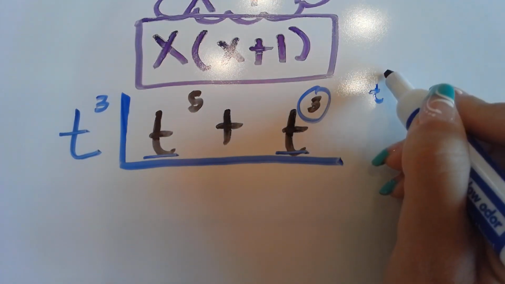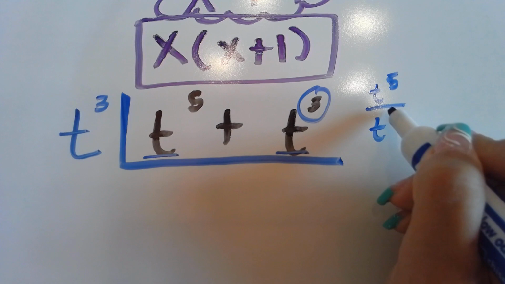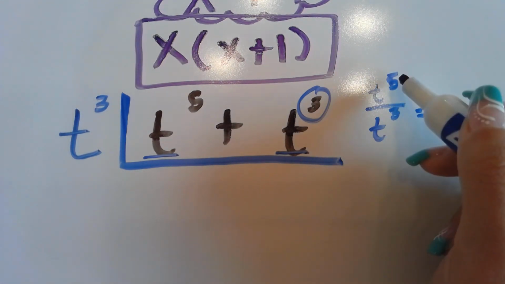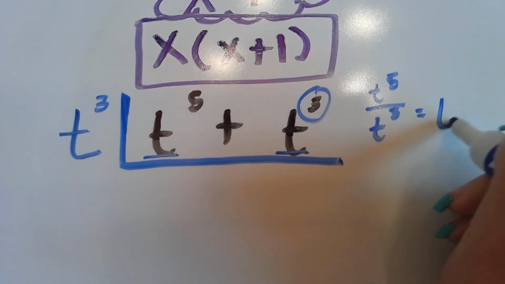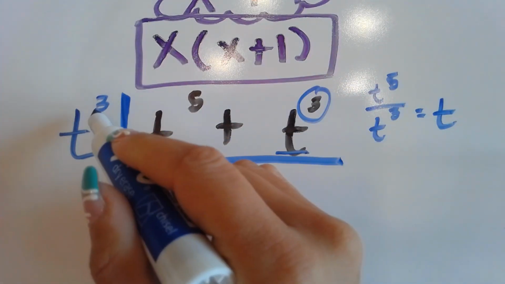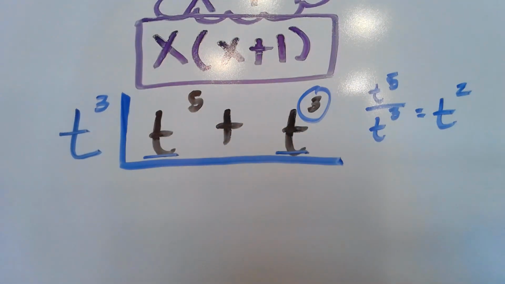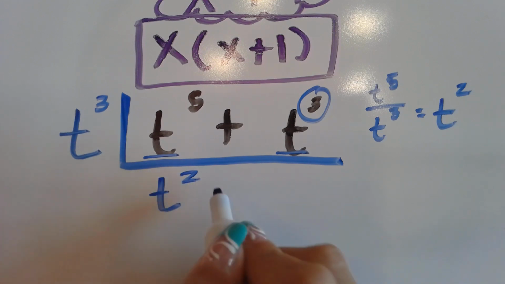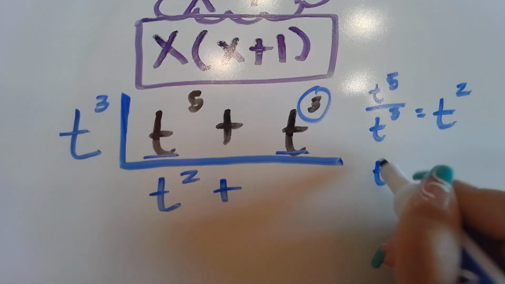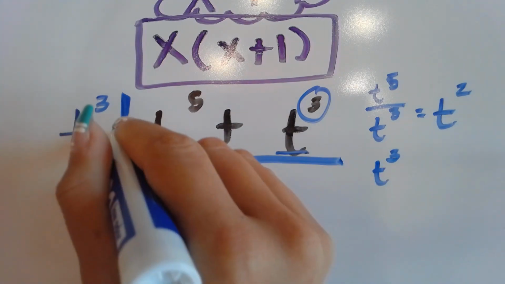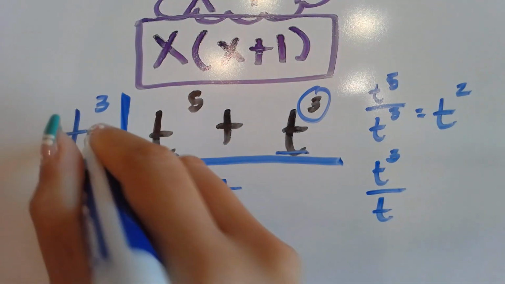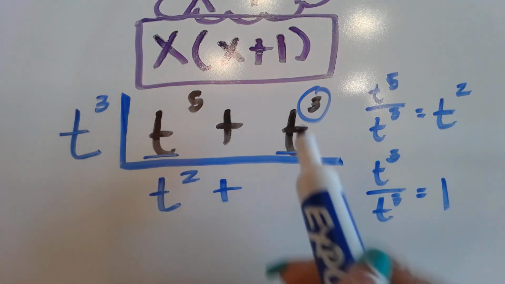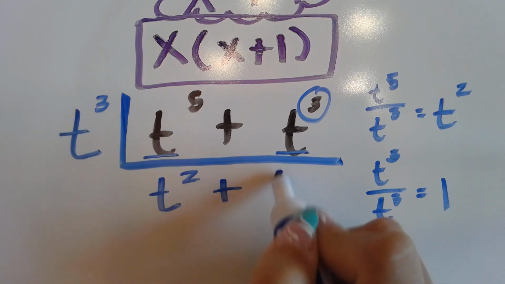T to the 5th divided by t to the 3rd equals, and we know if we're dividing, we're subtracting our exponent, so that would be t to the 5 minus 3, which is t squared. So we're going to write t squared plus t to the 3rd divided by t to the 3rd. And anything divided by itself is 1.